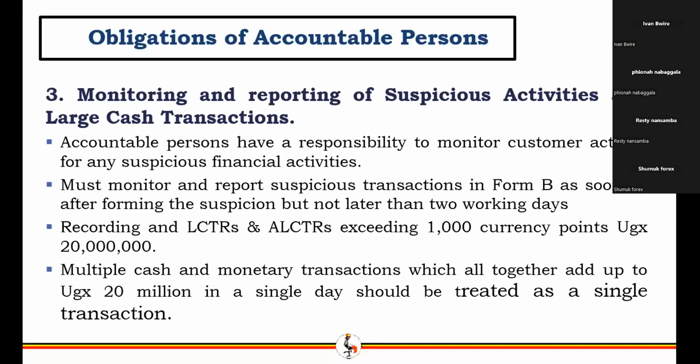So any inconsistencies in the transaction information, as opposed to the knowledge of your client, is what can help you form suspicion. So that is supposed to be reported to FIA.